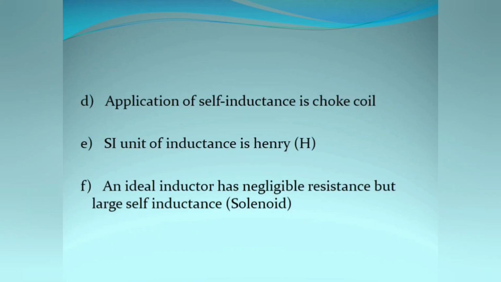The application of self-inductance is the choke coil, and its SI unit is Henry. An ideal inductor has negligible resistance but large self-inductance. So the resistance, or opposition, is very small in an ideal inductor, so large self-inductance takes place in the solenoid.